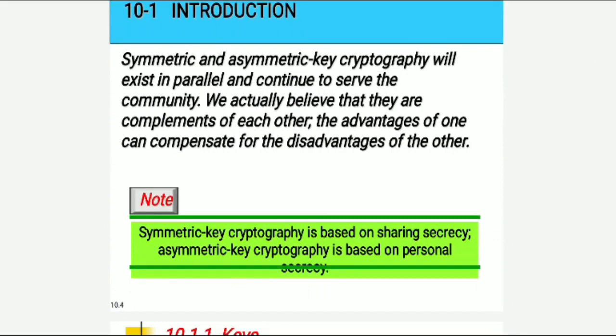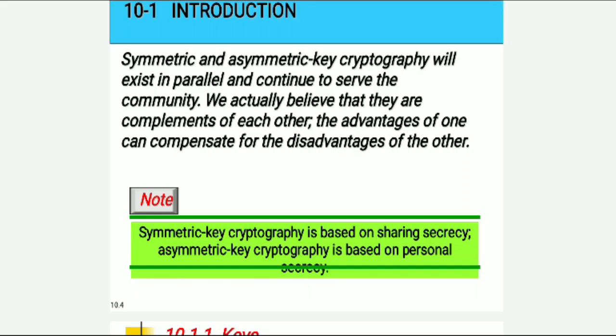I have written down one note here. Symmetric key cryptography is based on sharing secrecy, and asymmetric key cryptography is based on personal secrecy. What does it mean? Sharing secrecy means sharing the secret key before actually sending the message.